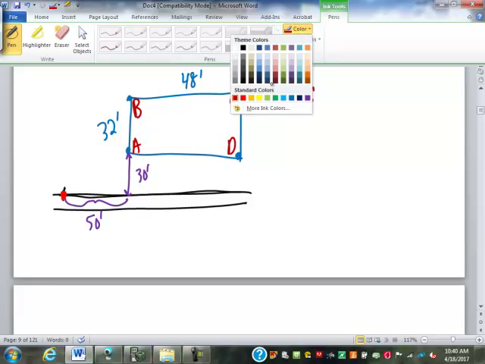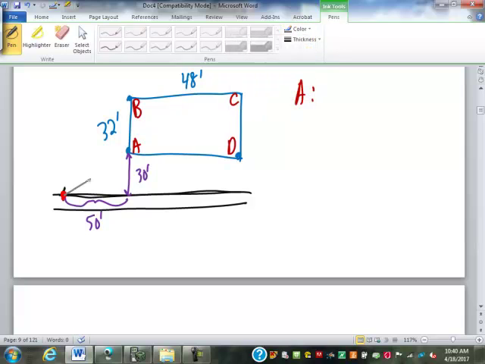For point A, the distance from the theodolite to that point, we're dealing with that triangle, right? So we have this triangle that's 30 feet here, 50 feet here. Here's the angle I'm looking for. So what I want to find is this angle and this distance. Well, that distance is the square root of 50 squared plus 30 squared, correct?